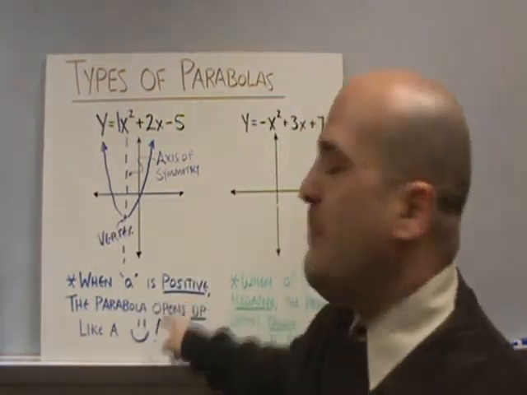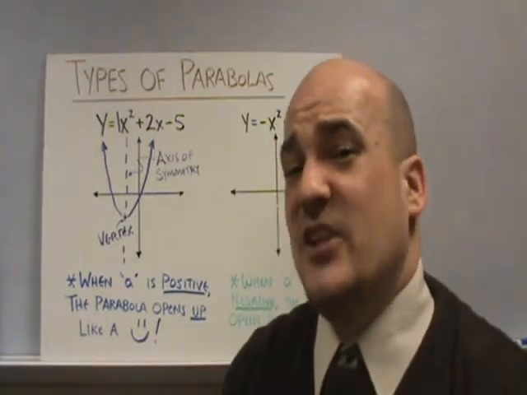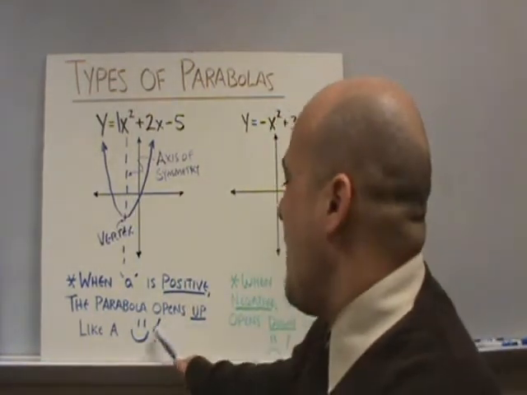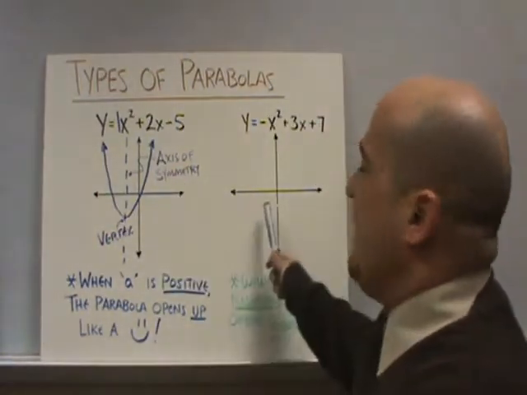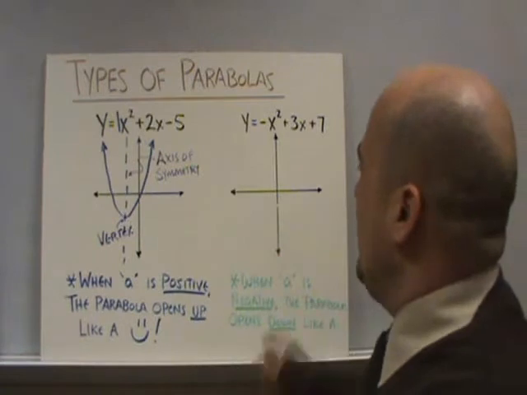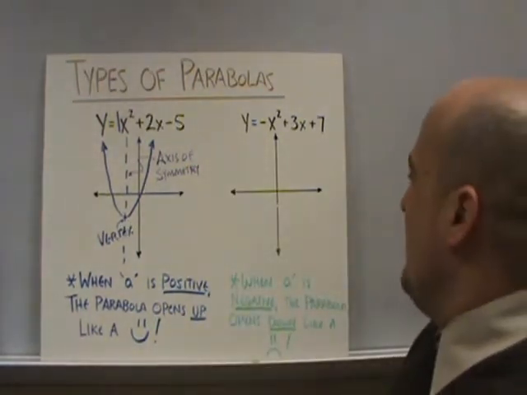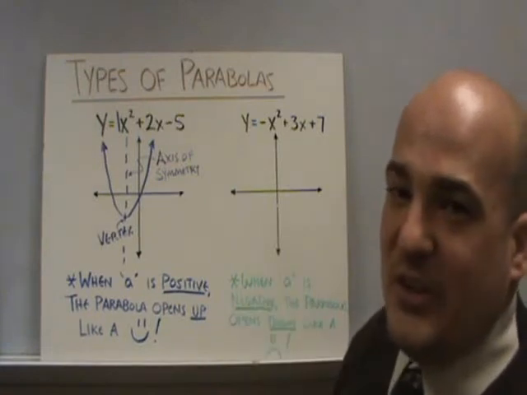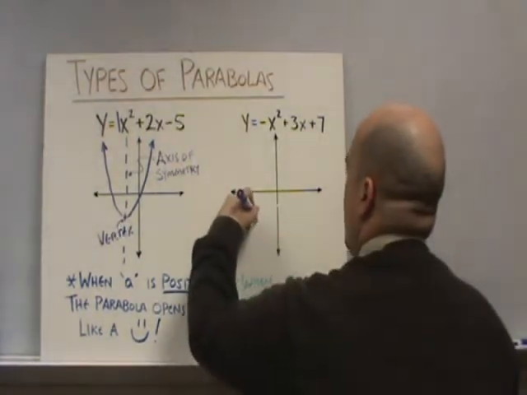When the a is positive, the parabola opens up like a smile. So when you think positive, you think happy smile. The parabola opens up. On the other hand, let's look at this second example: y equals negative x squared plus 3x plus 7. In this case, the parabola looks a little bit different. It might look something like this.